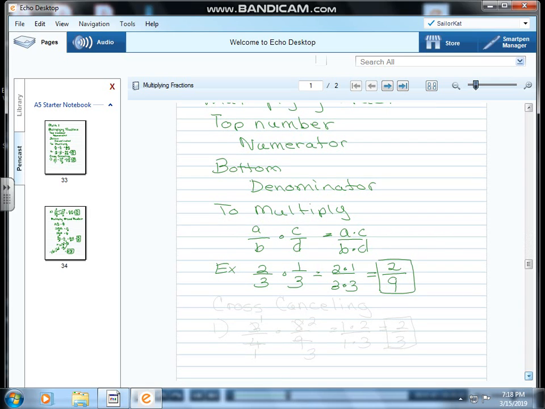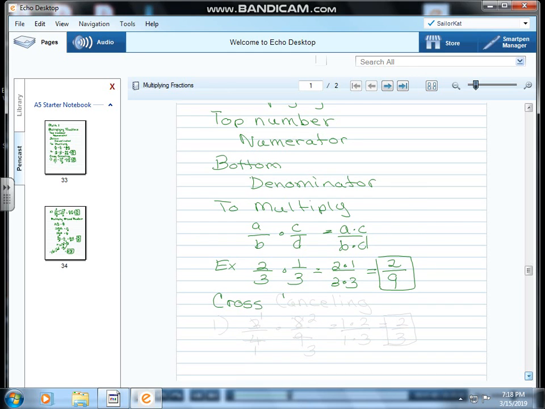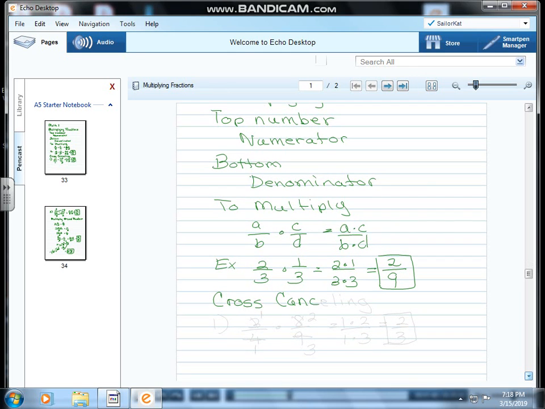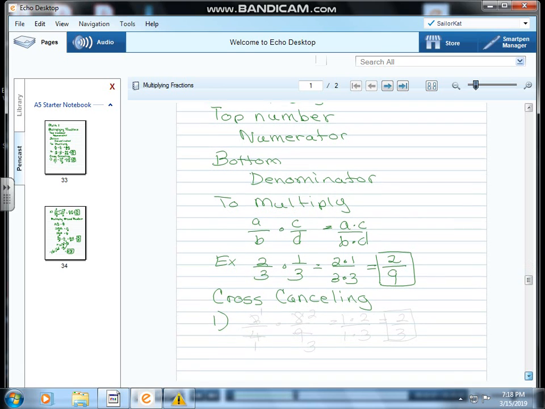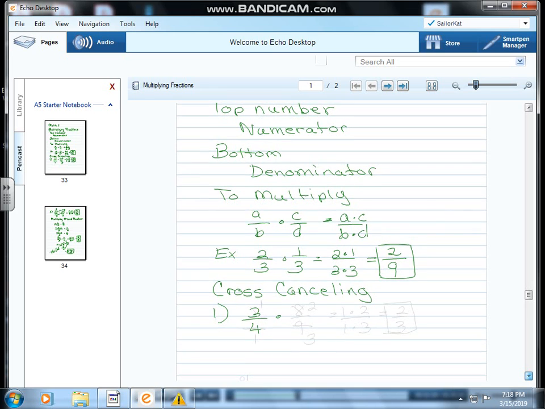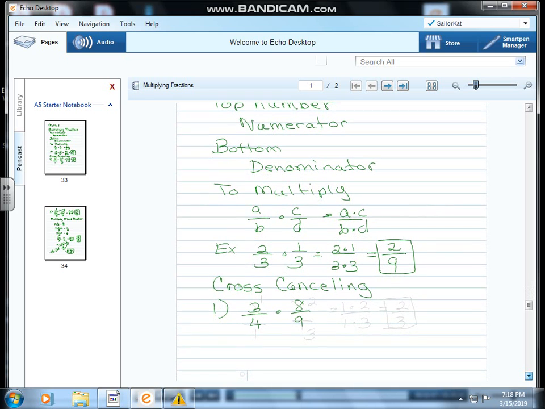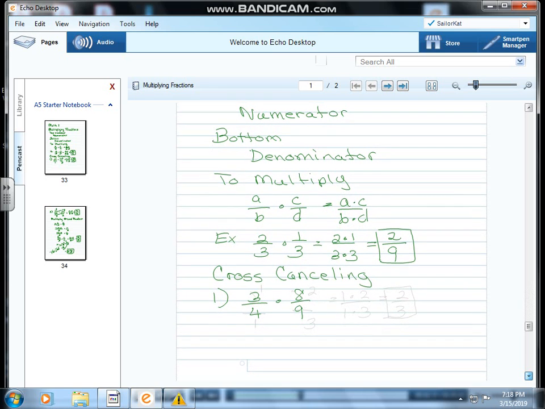One thing that you must learn is cross-canceling, especially when you get into those big numbers. So, for instance, if I have 3/4 times 8/9, I can look across and see that 3 is a factor of 9.